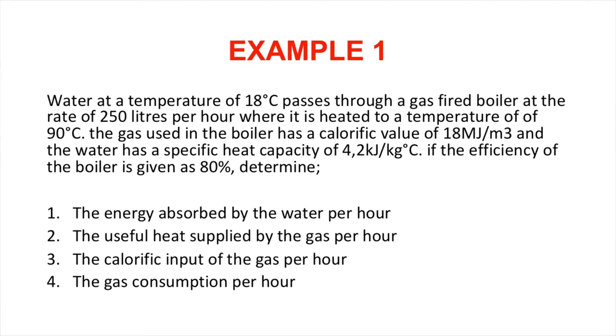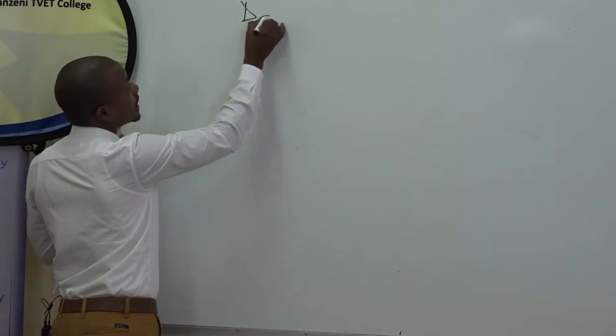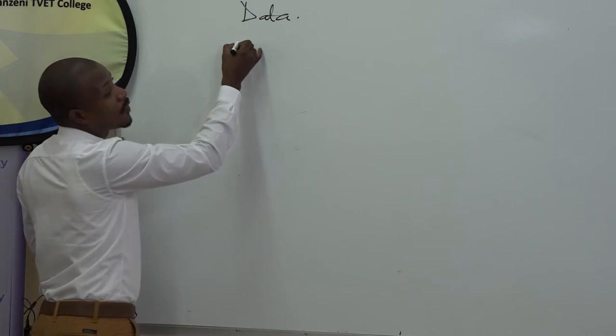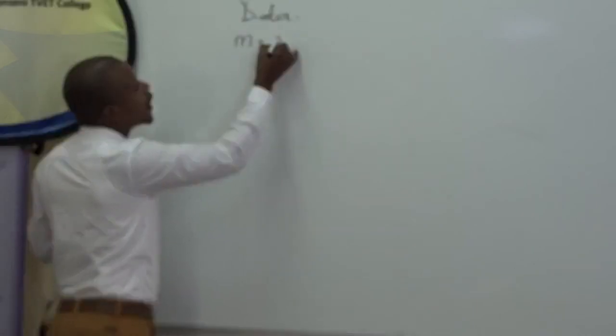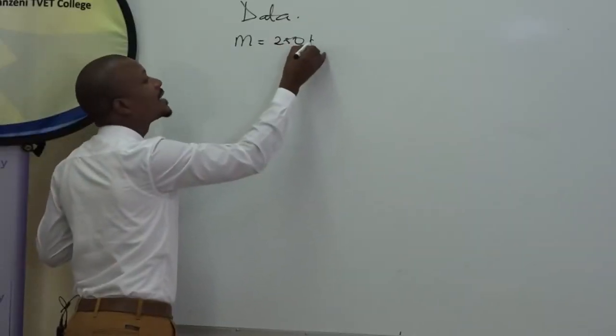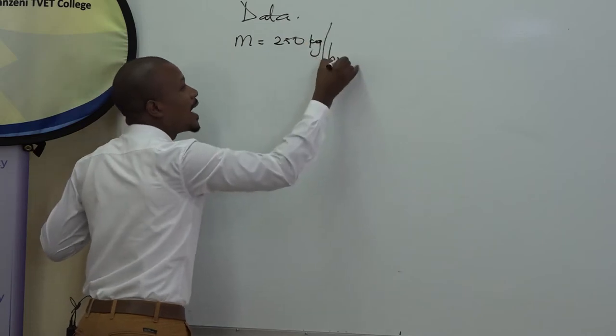Now let us extract our data from this statement which is given to us on the screen. They say water at the temperature of 18 degrees Celsius passes through a gas-fired boiler. So, extracting our data here, what do we have? We have the mass of water, which is 250 kg per hour.